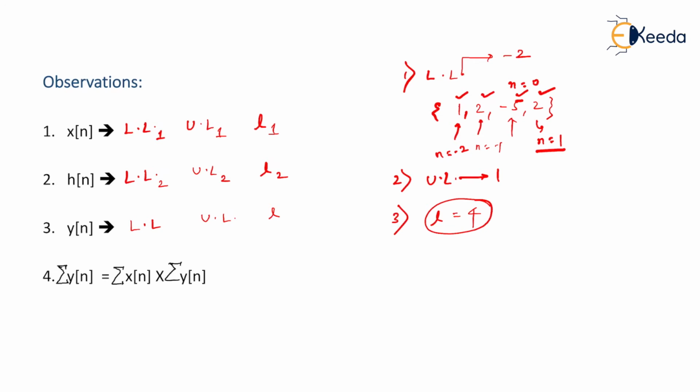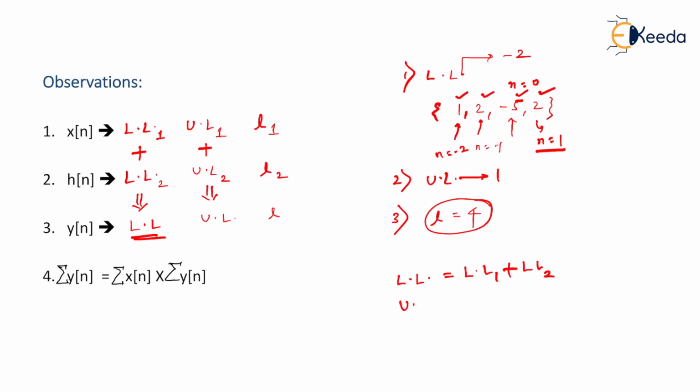Now let me give you the relation between them. If you want to get the lower limit of y of n, it is simply lower limit 1 plus lower limit 2. Just add them and get the lower limit, and just add them to get the upper limit.